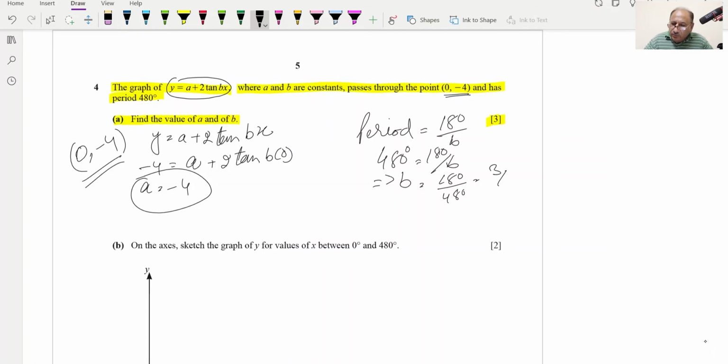So B value is 3 by 8. Now we can write B is equal to 3 by 8. We were supposed to find the values of A and B, which we found.